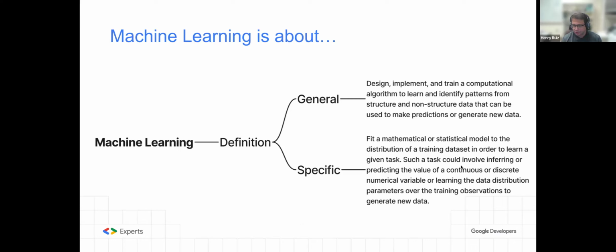That task could be, for instance, predicting or inferring the value of a continuous or a discrete variable, or even just learning the data distribution parameters over the training observations, so I can use that knowledge to generate data.